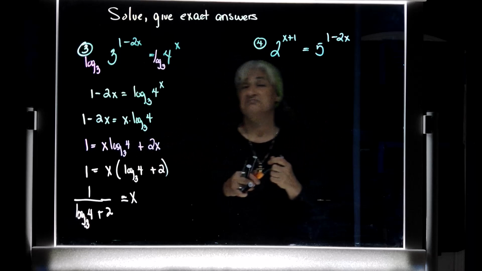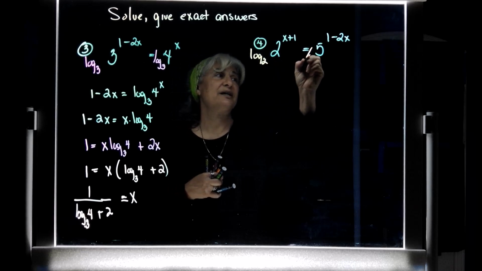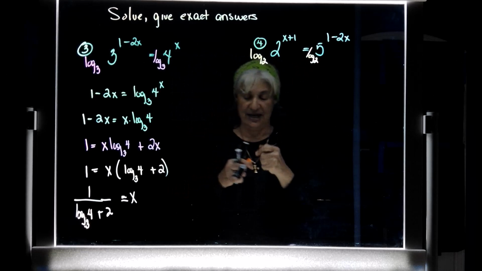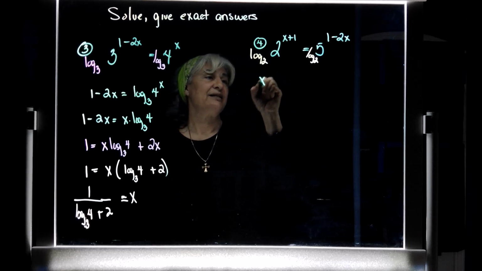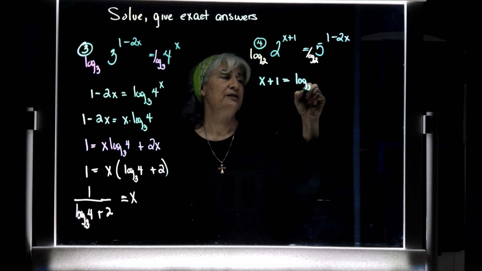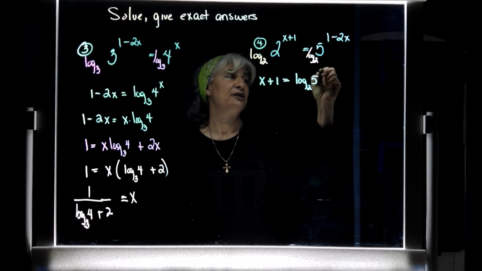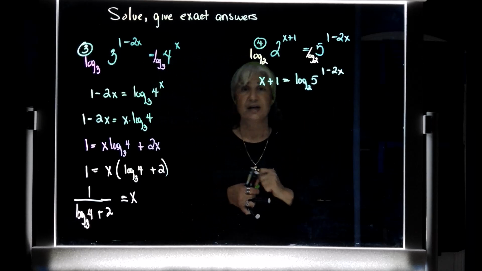I'm okay with that. So I'm going to take log base 2 on both sides. And so my next line looks like x plus 1 equals log base 2 of 5 to the 1 minus 2x power. Very good. Now what?